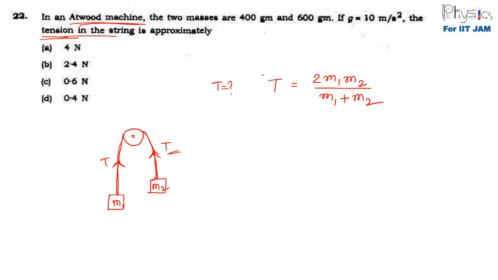So if it is the formula for tension in the string, that is T equal to 2 M1 M2 by M1 plus M2, then what is M1 and M2? 400 gram and 600 gram, right?